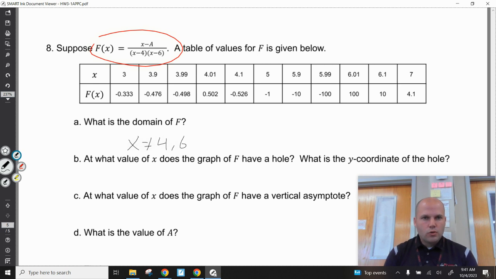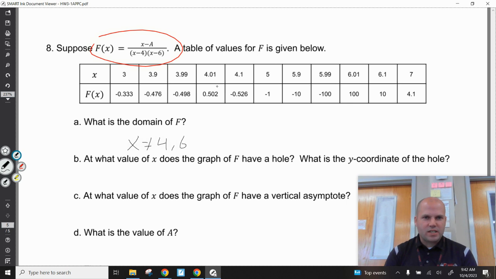Well, you know you can't plug in 4, but you can see that as we get close to 4, we're getting close to a half. As you get close to 6, your values are getting larger in the negative direction or the positive direction.